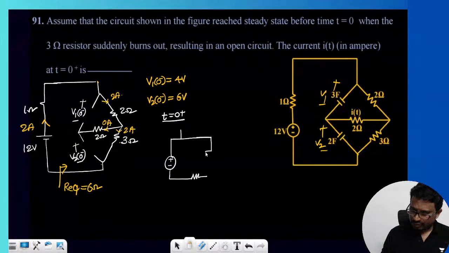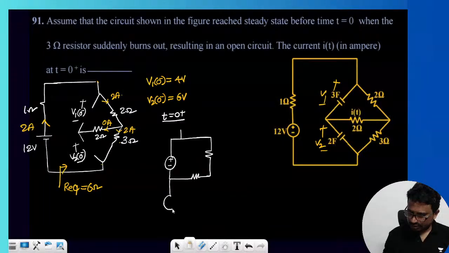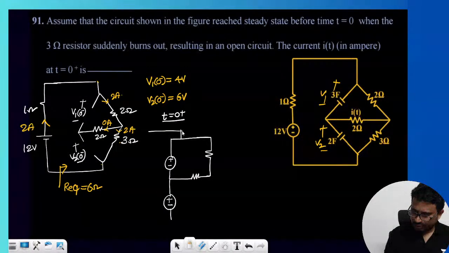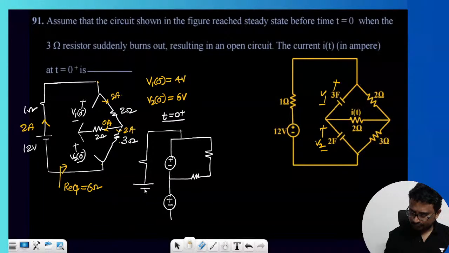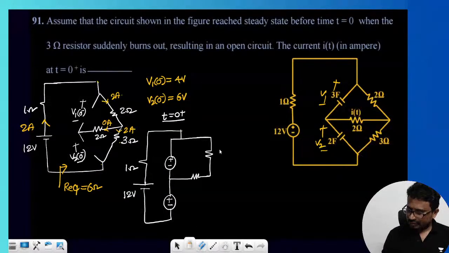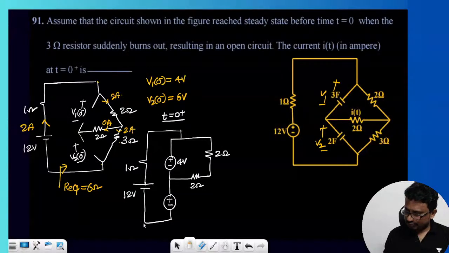Here also we have a resistance of 2, and then this is another voltage like this. Such a circuit will be formed. How much is this value? 12, and this is 1. So this is 2, this also 2, this is 4 volts, and this is 6 volts.